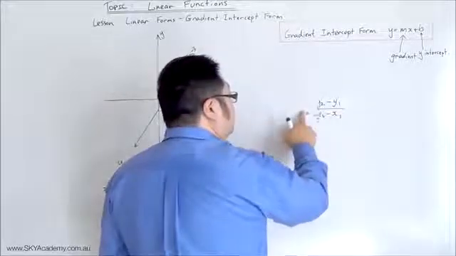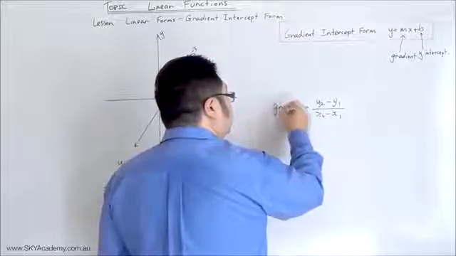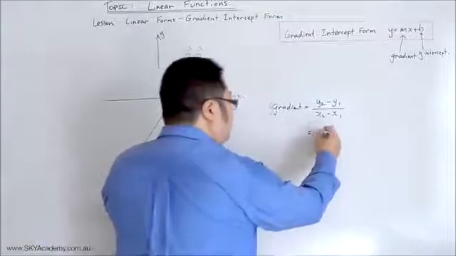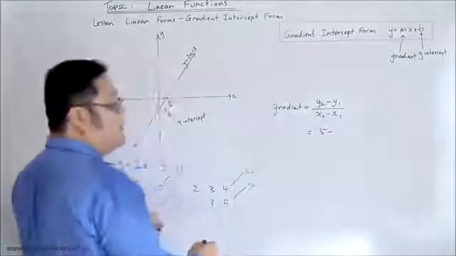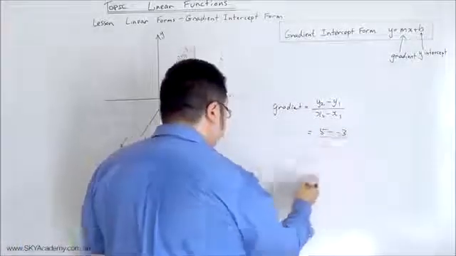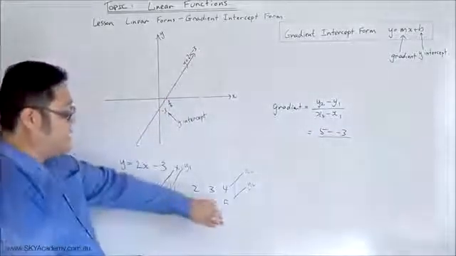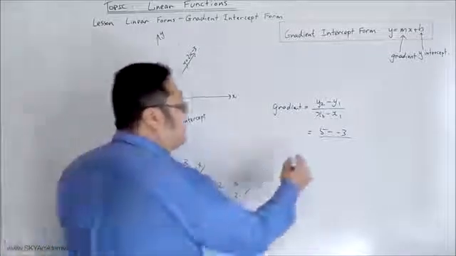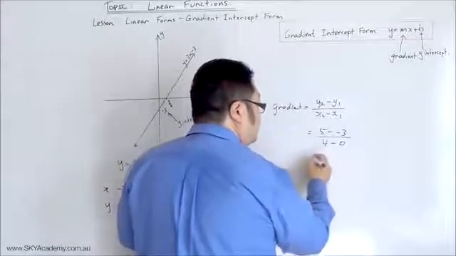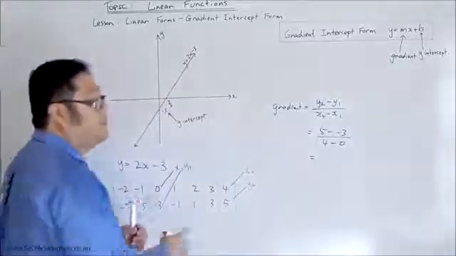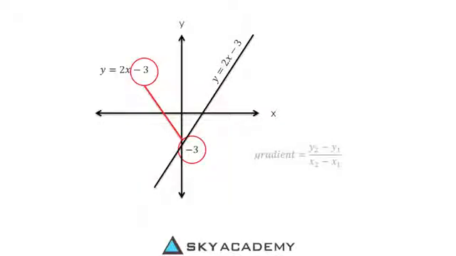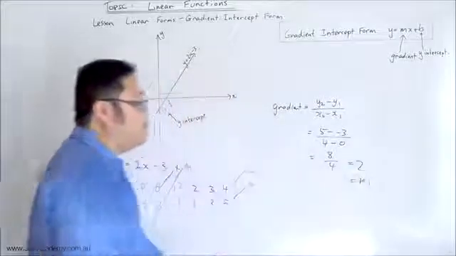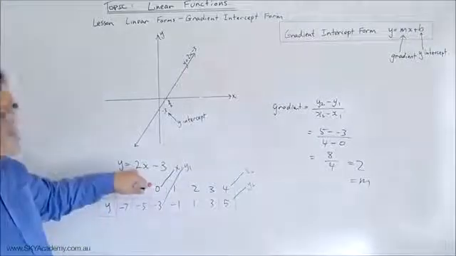Well, we don't know it's the m just yet, so let's call it the gradient. That's 5 minus negative 3 all over 4 minus 0. 5 minus negative 3 is 8 on 4 minus 0 is 4, which is 2. And 2 is equal to m.